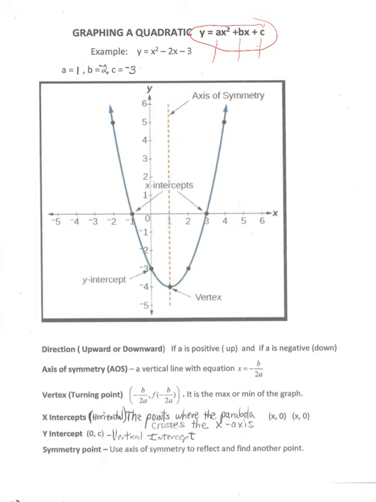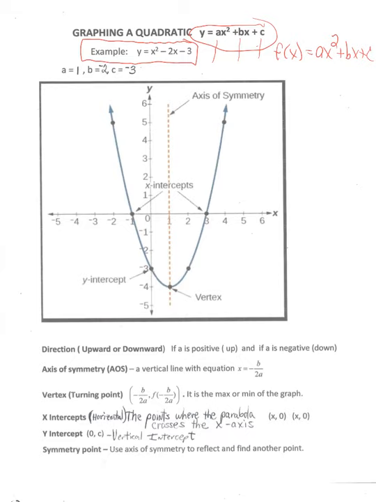So if we were looking at this first example here, now keep in mind, we're calling it y equals, but since we're really in a function course, they may call it f of x equals ax squared plus bx plus c.